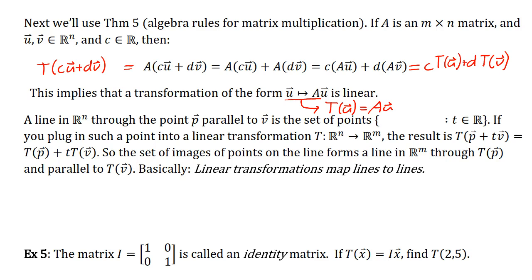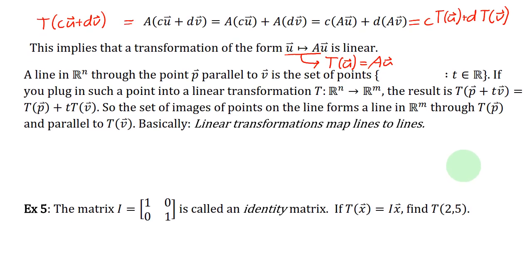Okay, so now let's talk a little bit about lines. Lines are important in linear algebra. So we talked about this before in section 1.5 a little bit. A line in Rn through the point P parallel to V is the set of points that we write P plus t times V, where t can be any real number.